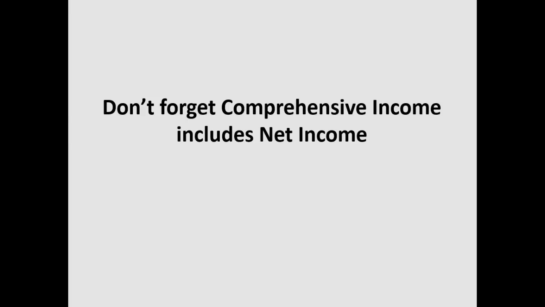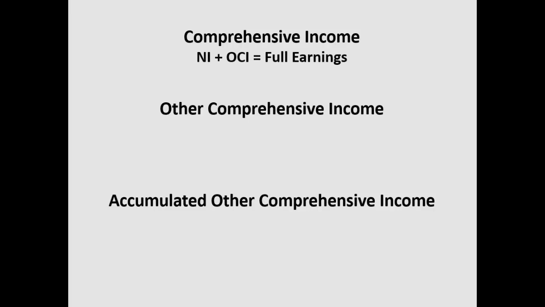The key here is to remember, don't forget comprehensive income includes net income. And there are different terms. Net income plus OCI equals your full earnings, comprehensive income. And what is other comprehensive income? Those are your fair value adjustments.